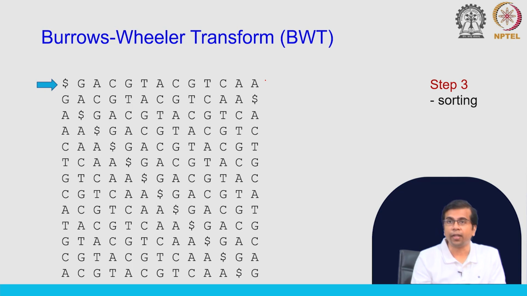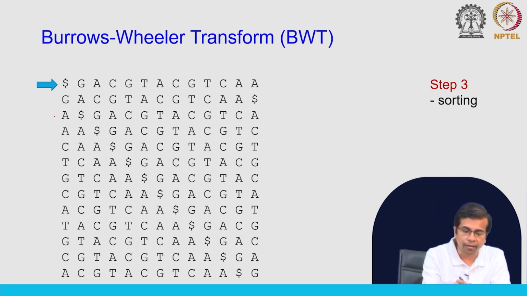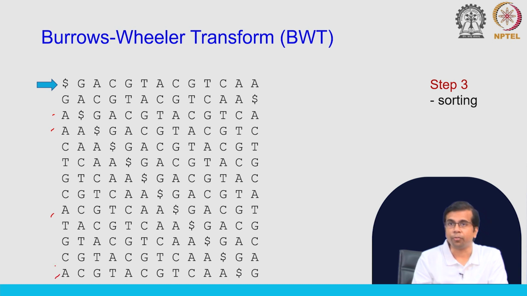Then from the rest we have to choose the second one. It should start with A, I think. We have 4 letters A, T, G, C, and if we sort them lexicographically, we have A, C, G and T. So all the strings starting with A will come now. Out of those four strings starting with A, which one would come first?